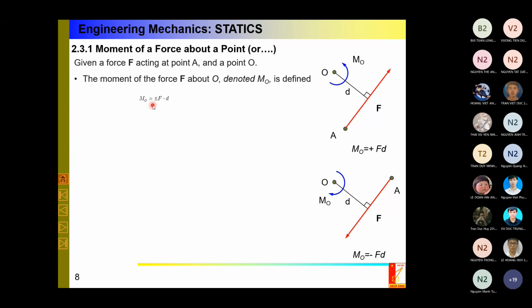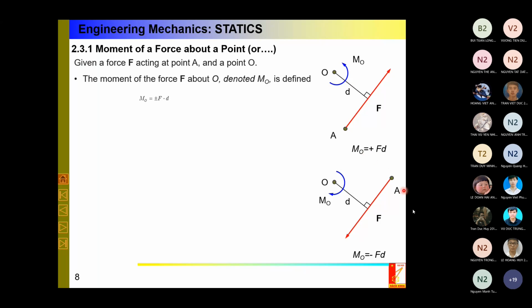It is quite easy because the moment all the time gives us, the engineers, the picture of the tendency of rotating. So you get force F acting here, and it gives the body the tendency to rotate about point O in the counterclockwise direction. And counterclockwise direction is positive. So in this case, I have MO as positive F times D.